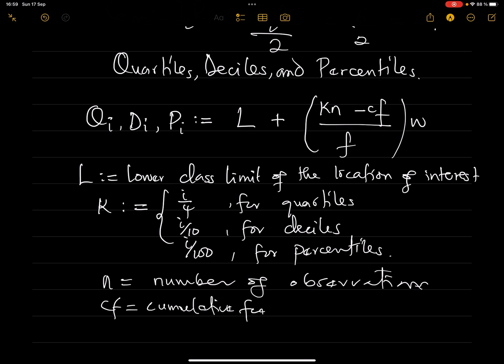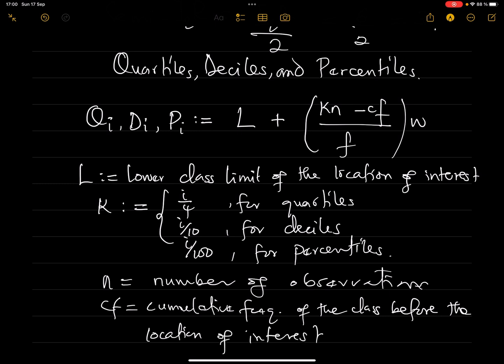CF is the cumulative frequency of the class before the location of interest. And F is the frequency, while W is the class width. W is what? The class width.